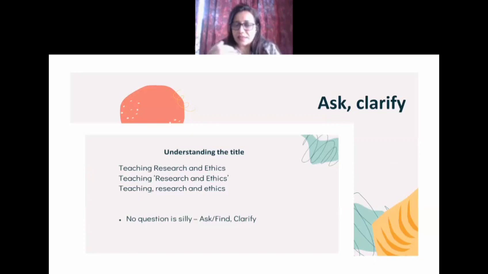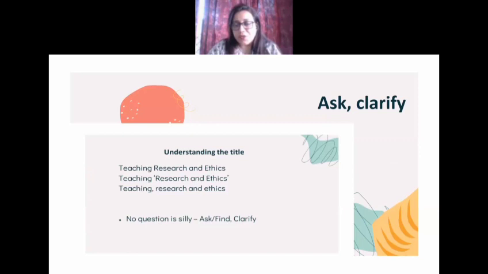Teaching research and ethics: this is the topic I had taken without any punctuation, as I've told you in the beginning. Second is teaching 'research and ethics' within single inverted commas, so that research and ethics are added together and become research ethics. Teaching research and ethics could mean teaching research and teaching ethics.